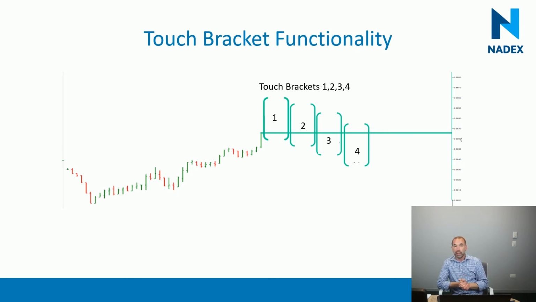Now, that said, don't just automatically choose the bracket that's closest. If the market's only a couple of ticks away and you're expecting this to be a little bit longer type of time frame, you may want to take on a little bit more risk, give up a little bit of that upside potential, but also give the market a little bit of room to breathe. Now, if you want to be a seller, you may look first to contract number 4. And these are listed out on the platform, right?